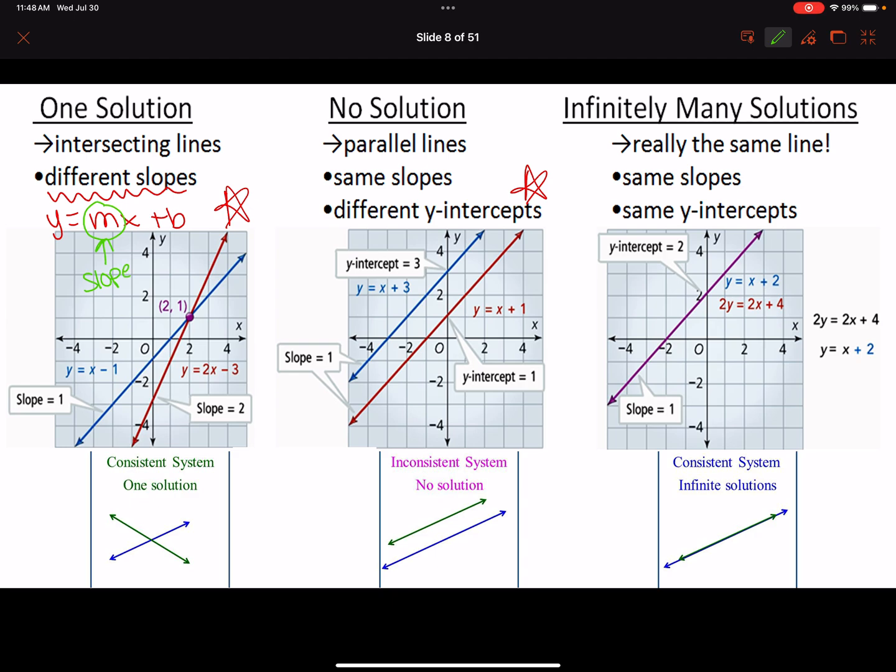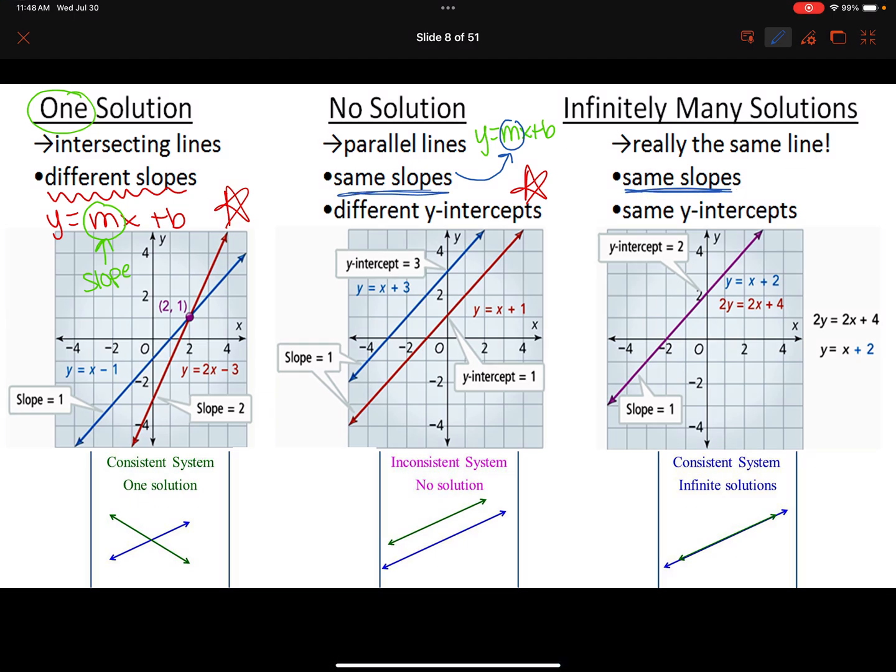If that number in front of x is different, there's going to be one solution. However, if we have y equals mx plus b, and the m, or the slope, is the same, then it could either be no solution or infinitely many, because they have this in common.